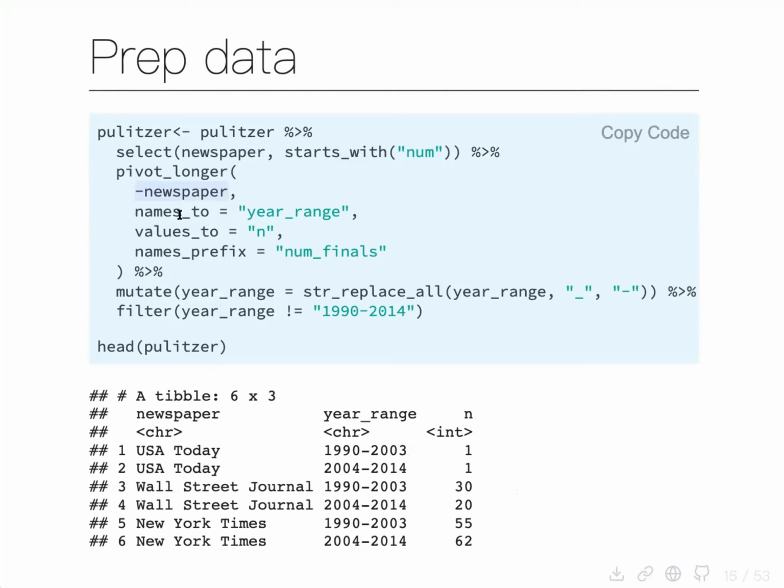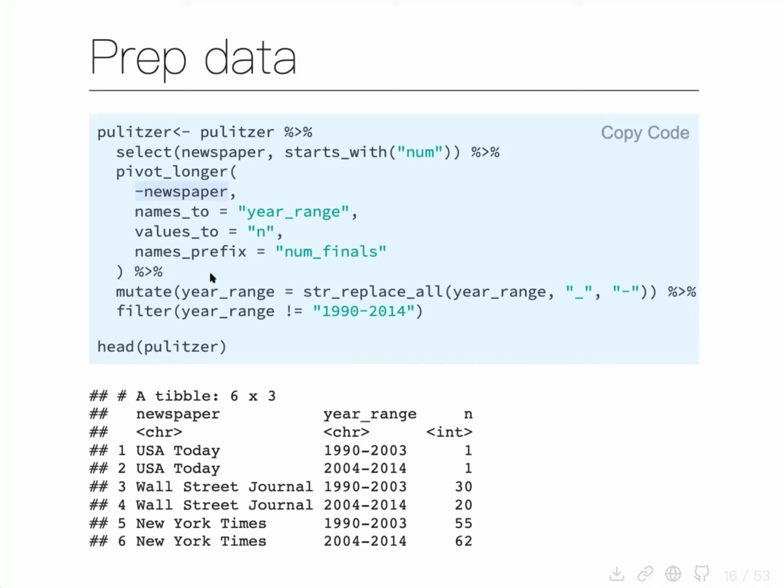The old names are going to go to a new column called year range, and the values are going to go to n. The names prefix is num finals, which is something that's in each column, and I'm going to drop that as we pivot longer.